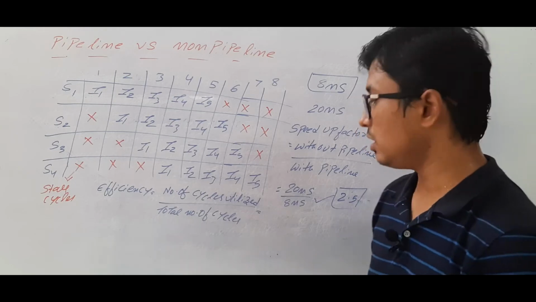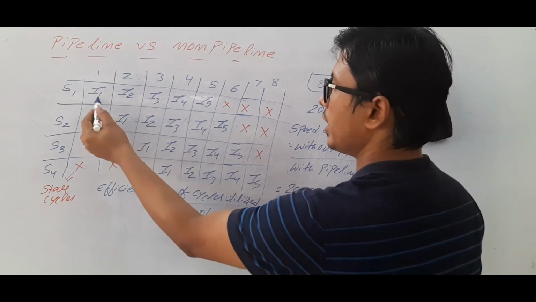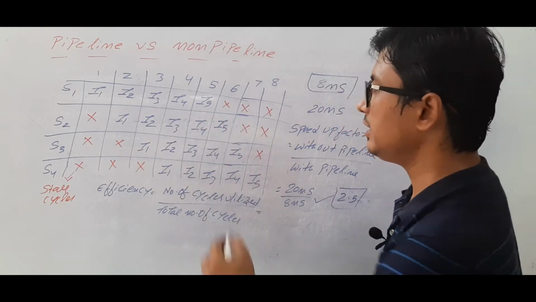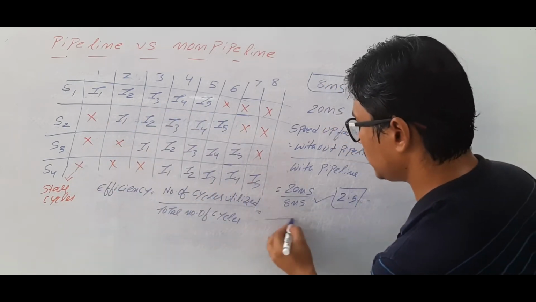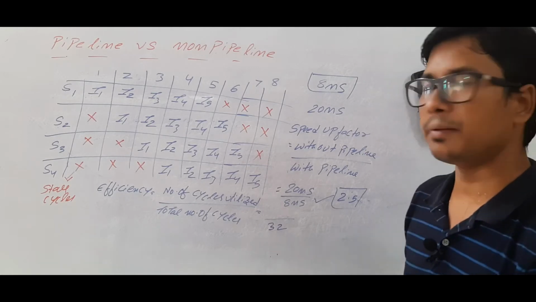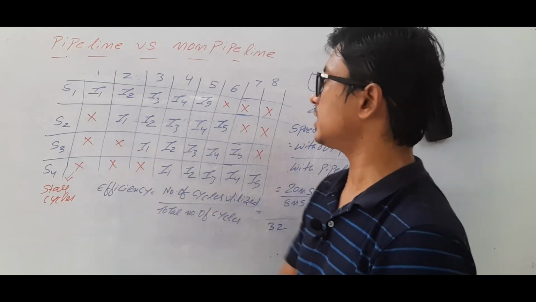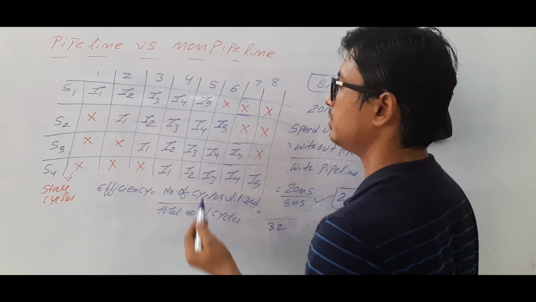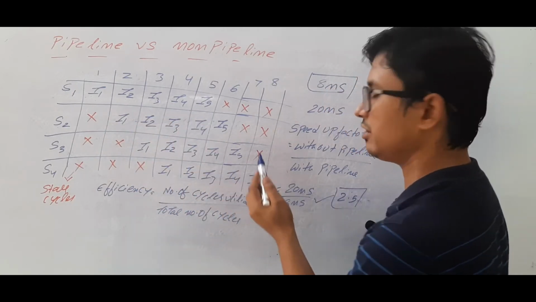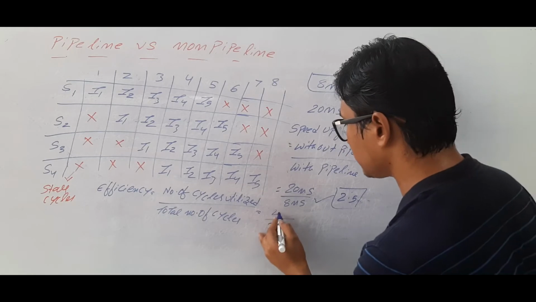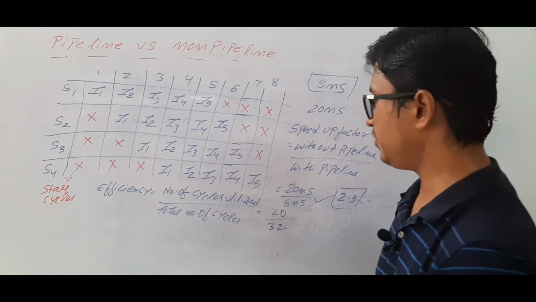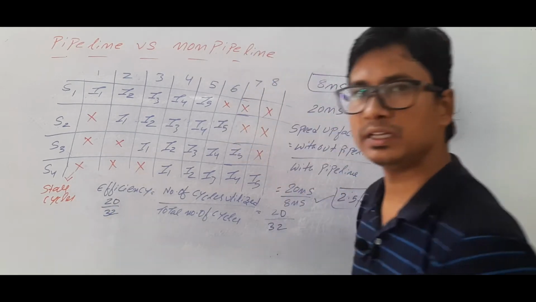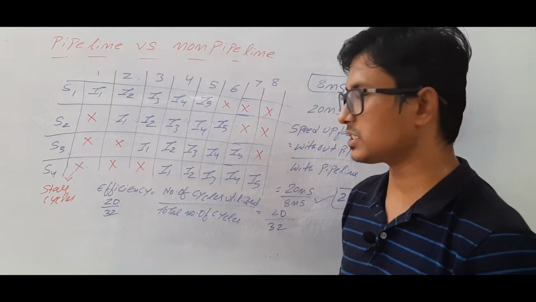First we will check the total number of cycles: 1, 2, 3, 4, 5, 6, 7, 8. 8 into 4, 32 cycles are there. Am I right? Within the 32 cycles, how many have I utilized? 1, 2, 3, 4, 5, here 5, here 5, here 5. So 20 I have utilized. So efficiency, or utilization, is 20 by 32. Are you able to understand?